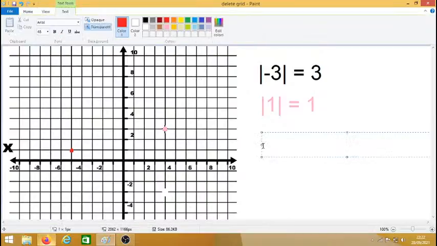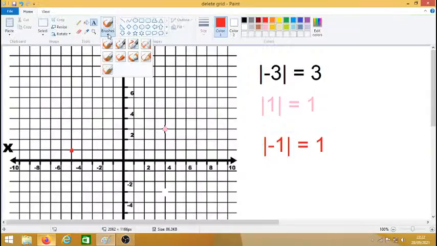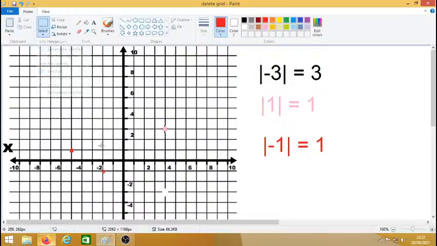Let's go with modulus of -1, and that would become 1. So anything that's -1, with the modulus function on it, would flip up to the top. So what you see is that anything below the x-axis flips up to the top.